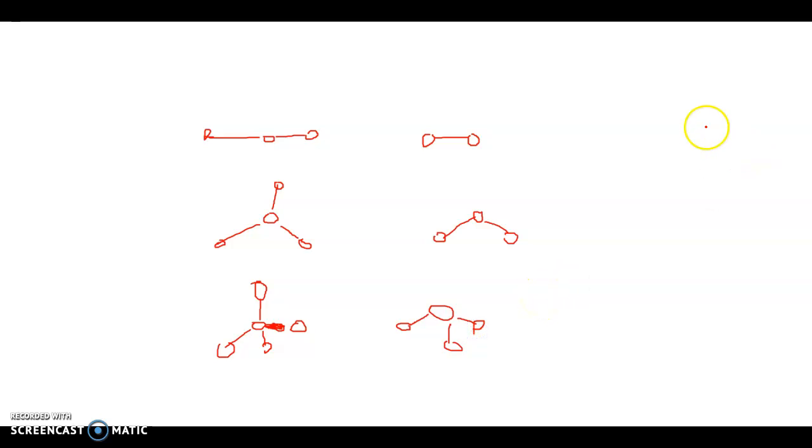And so how you end up with these shapes has to do with the electrostatic forces, right? So in these cases, these guys lay out flat and linear. A good example of a bent shape would be water, H2O. Covalent bonds, 2 atoms for each bond. Oxygen has 6 valence electrons. Hydrogen has 1 valence electron each, which gives me 8 total.